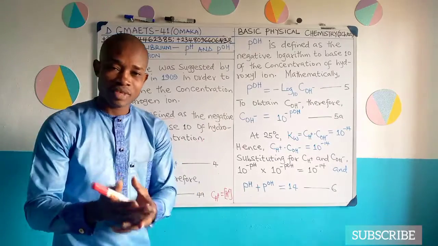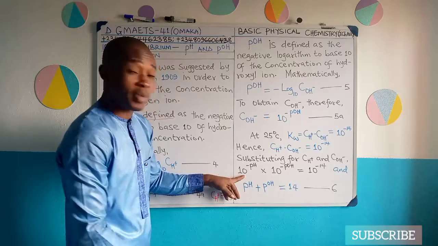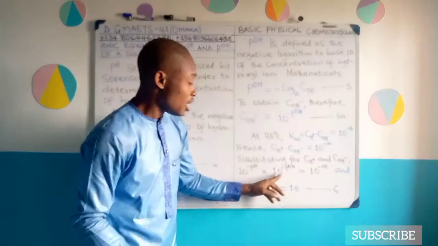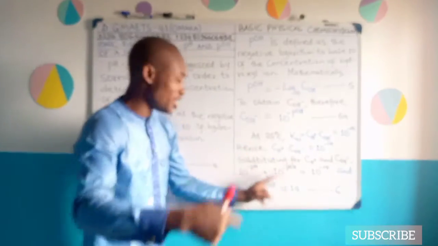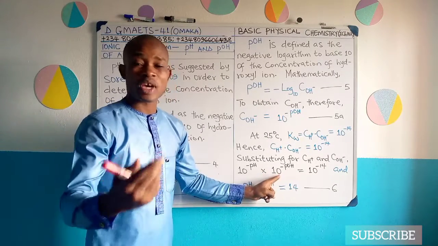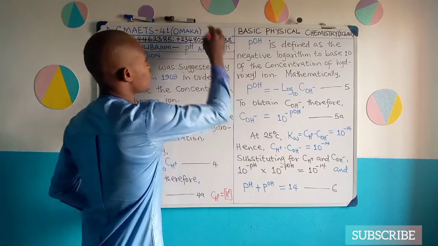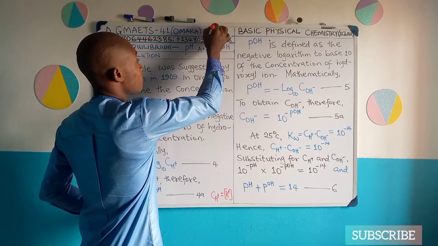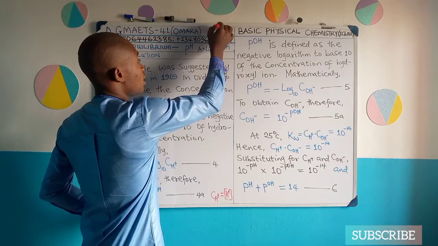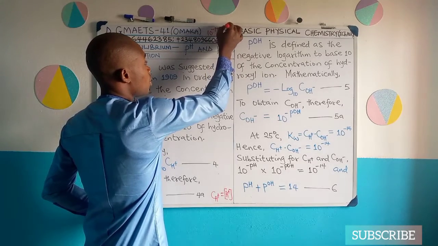In conclusion, you can apply the indices law here, the multiplication law of indices. This is base 10 to power minus pH, base 10 to power minus pOH. The mathematical sign between them is times. So pick one of the bases because they are the same and add their powers. If you do that here, you're going to get 10 raised to power minus pH plus minus pOH.